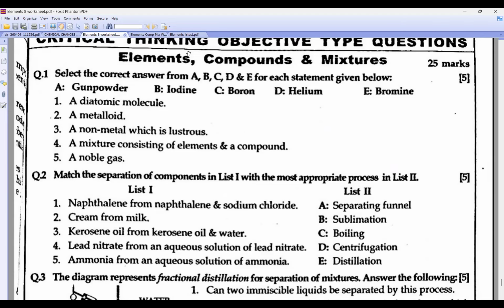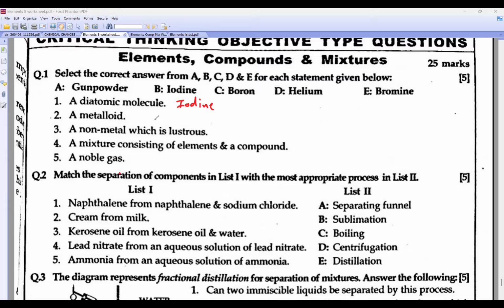Diatomic molecule. Which one is the diatomic molecule in this? I have given you the worksheet, last page. Which is the diatomic? Iodine.